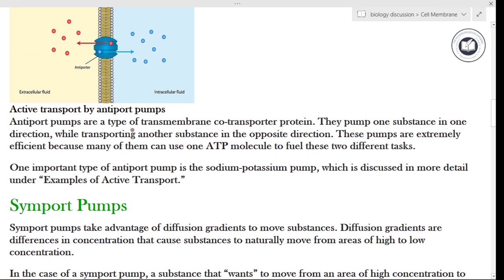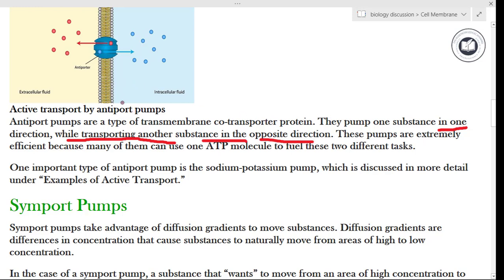Antiport pumps are a type of transmembrane co-transporter protein. They pump one substance in one direction while transporting another substance in the opposite direction.